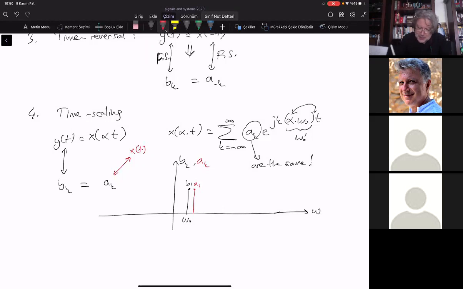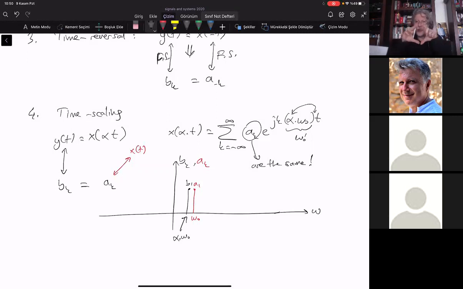Actually I am putting it incorrectly. The red one was at omega 0, because a1 is at the frequency of x of t, which was at omega 0. So I'm going to write it like this. This is omega 0, but this place here is alpha times omega 0. So we don't put the red ones, but we have to put the black ones.